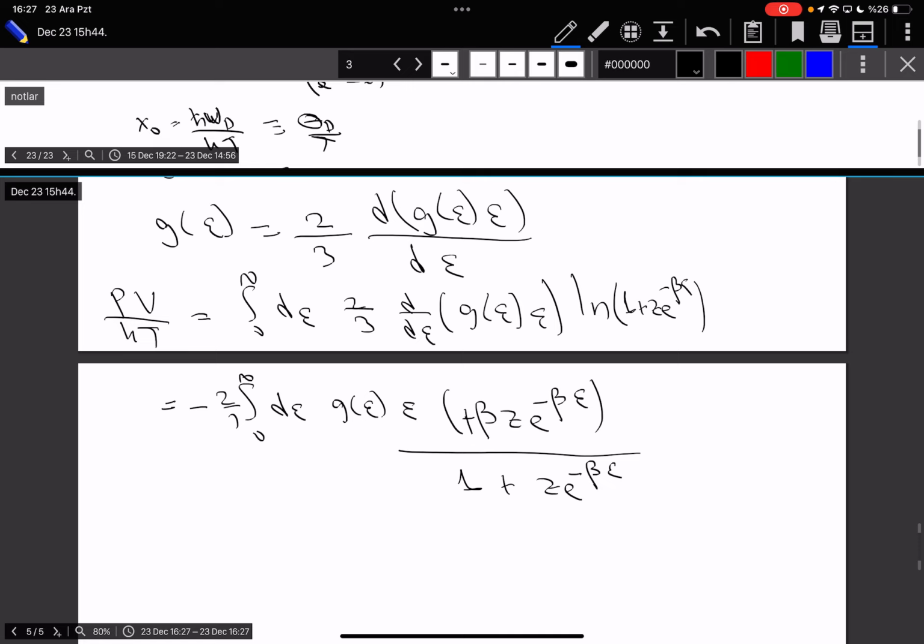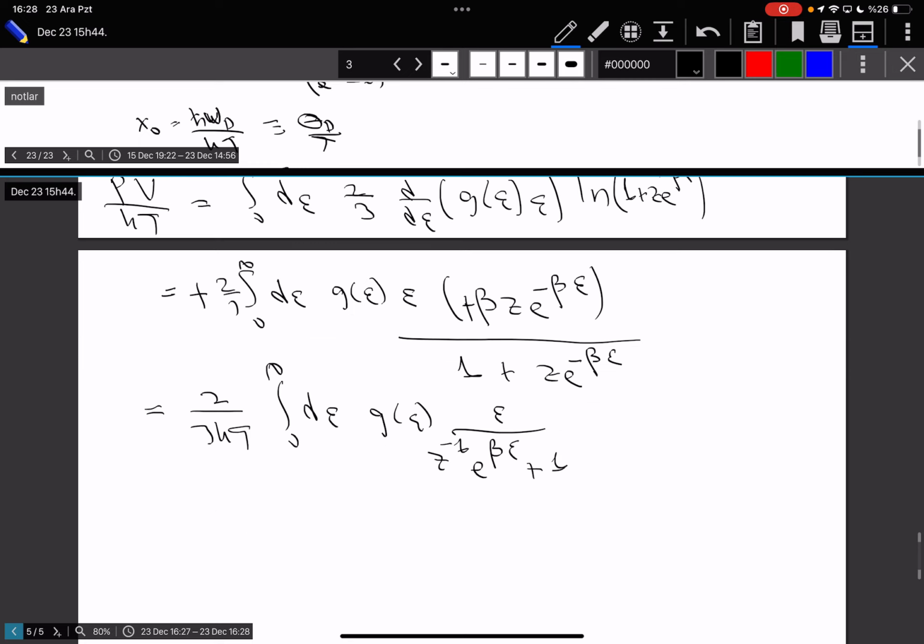So these minus signs cancel. We have 2/3 KT integral from 0 to infinity d epsilon G epsilon epsilon over Z inverse e to the power beta epsilon plus 1. This is PV over KT.